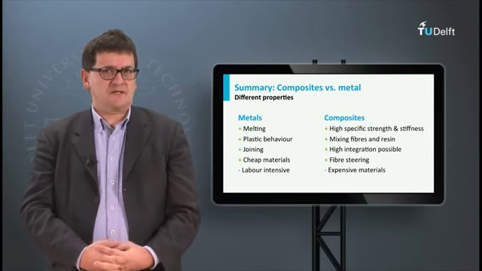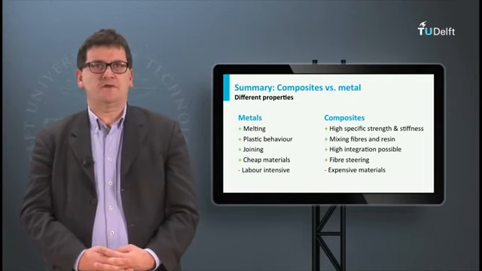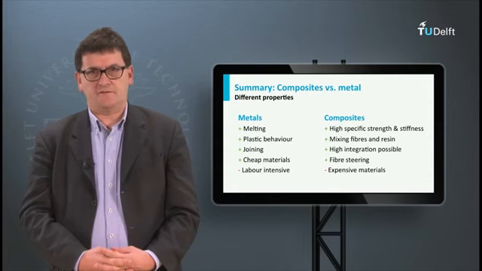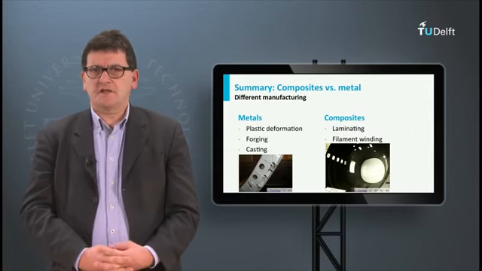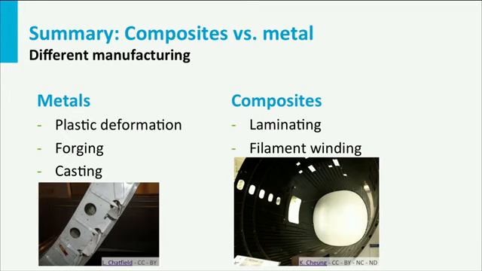And realize assembly can be very labor-intensive, but on the other hand, composite materials can be rather expensive themselves. Just to illustrate the different ways of manufacturing, on the left-hand side you see a metal structure made of many components, riveted together. Most parts are made of metal sheets, which are formed into stringers, frames, etc. In case of strong and heavy frames or parts, forgings or castings can be applied.